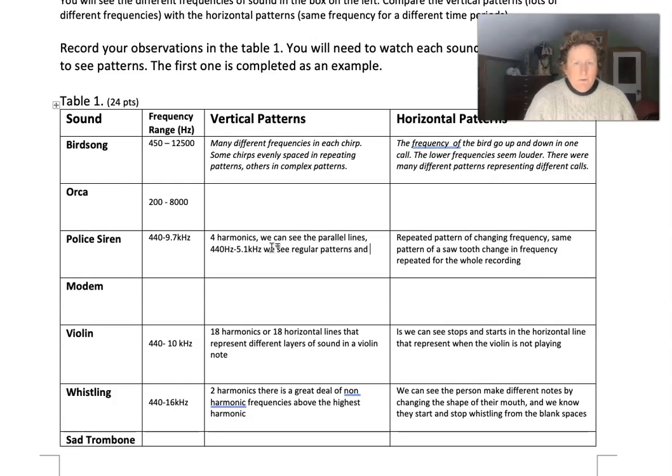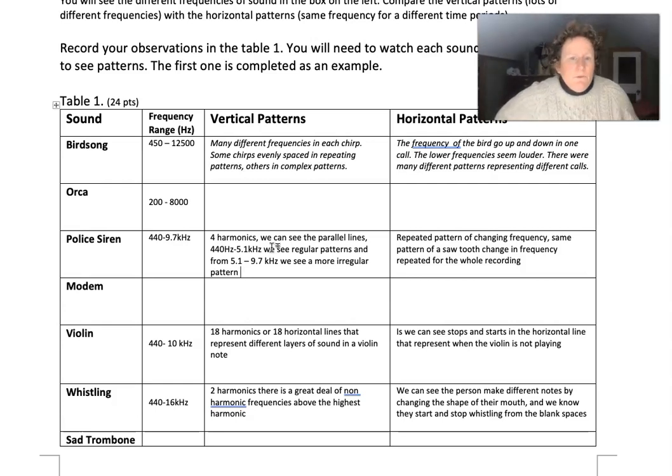And from 5.1 to about 9.7 kilohertz, we see kind of a more irregular pattern.